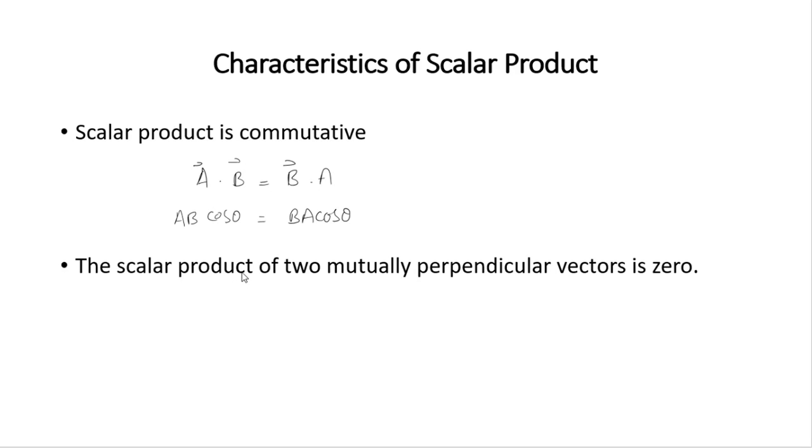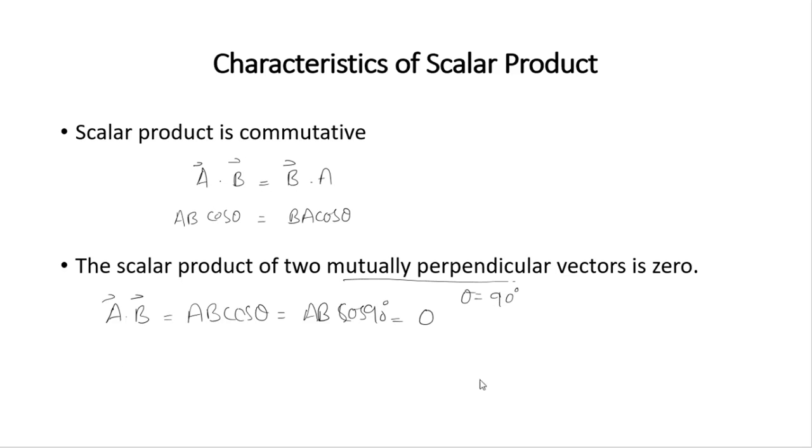The scalar product of two mutually perpendicular vectors is 0. Perpendicular means the angle between the vectors is 90 degrees. So if two vectors have an angle of 90 between them, then cosine 90 is equal to 0, so the answer is 0.